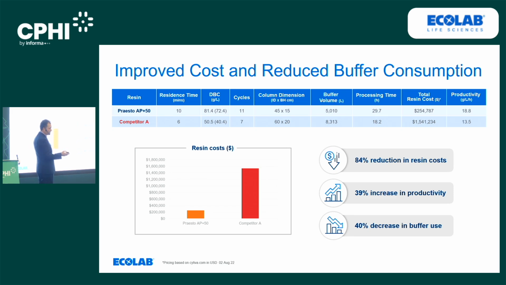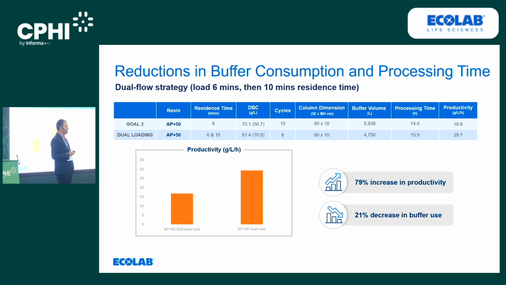So, let's challenge ourselves, okay? As I said before, there are many ways that you can increase productivity. One of them is what we call dual loading. So when you load about 80% of the feed available at, let's say, 6 minutes residence time, and then the other 20% of the remaining feed, you load really, really fast.